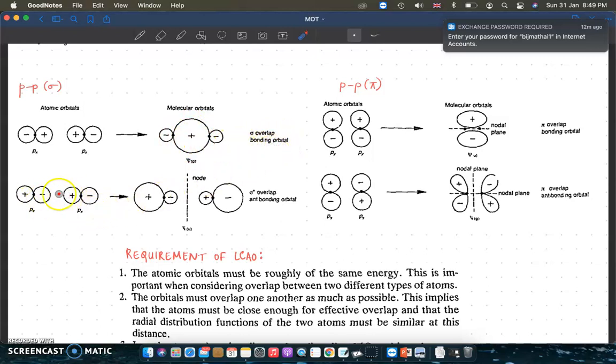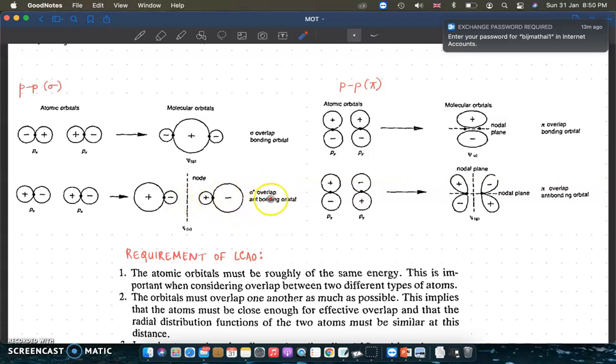Now when they are out of phase, it leads to no bonding and a node is generated in the process, and it is sigma star. So always a corresponding one is formed here: sigma, then sigma star. It is sigma star because it is anti-bonding. There is no bonding happening here.